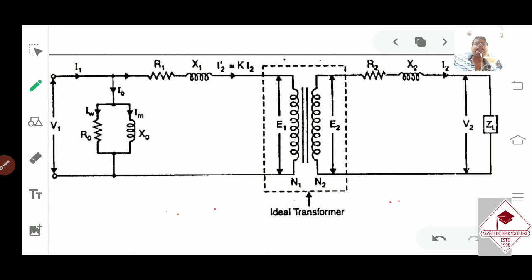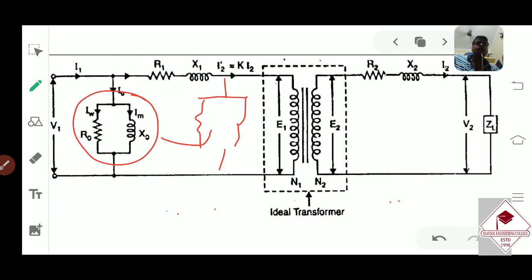Now in this diagram you can find that this portion has been shifted from its initial position to this one. This shifting is possible just because this I naught current is very low.